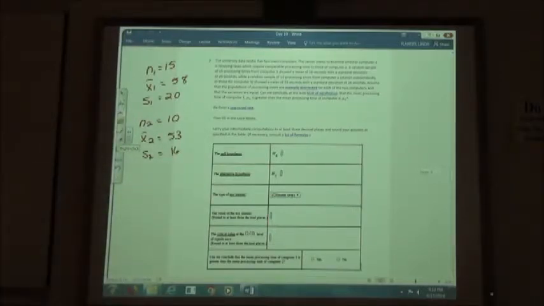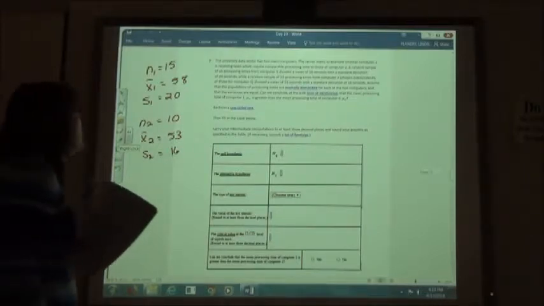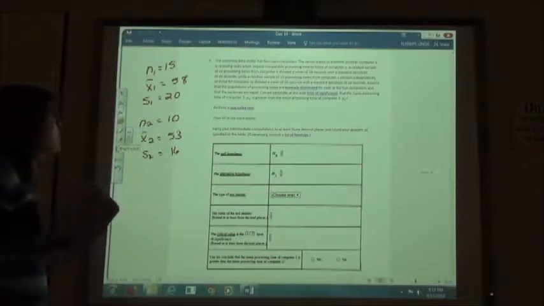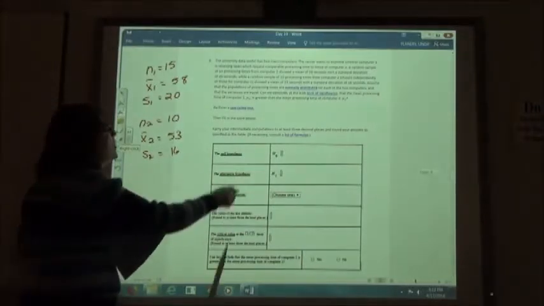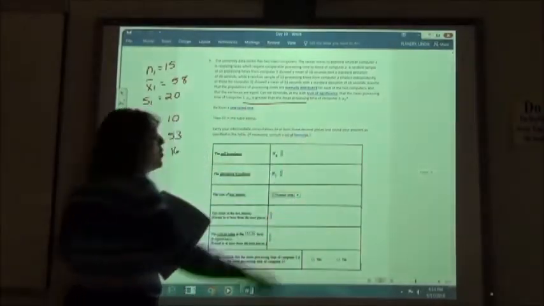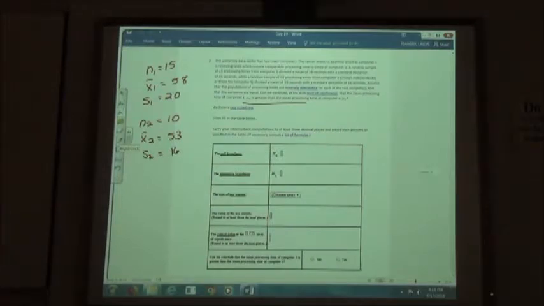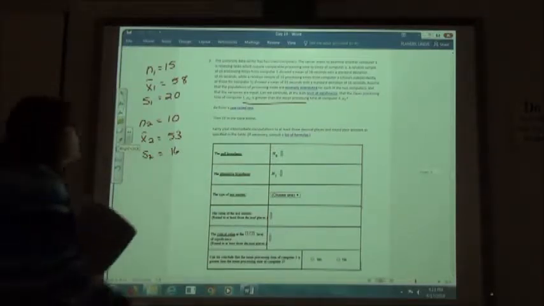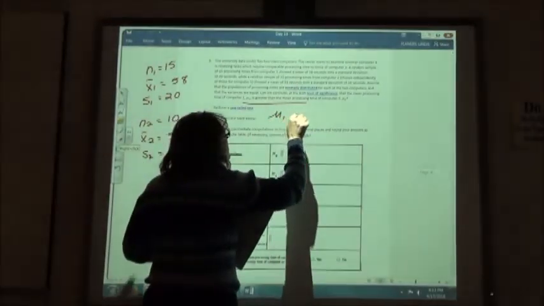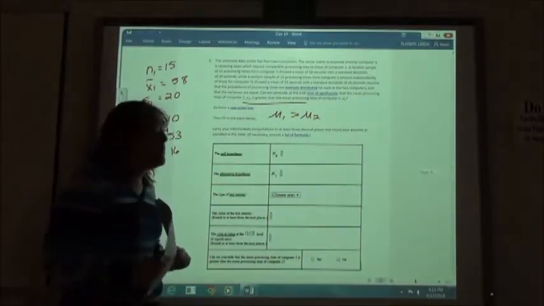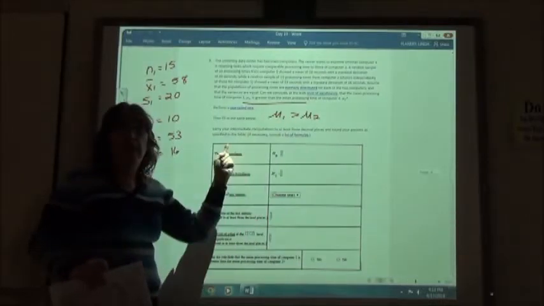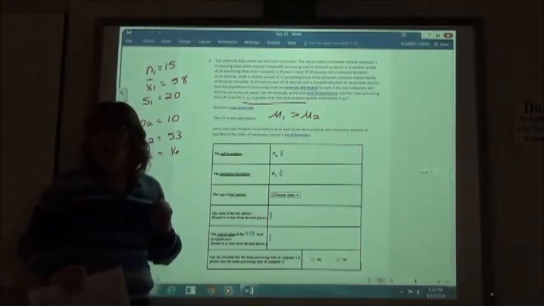Assume the populations of processing times are normally distributed for each of the 2 computers and that the variances are equal. Can we conclude at a 0.5 level of significance that the mean processing time of computer 1 is greater than the mean processing time of computer 2? So we want the mean of 1 to be greater than the mean of 2. Of course, they're going to rearrange those. The greater than would be which one, the null or the alternative hypothesis?